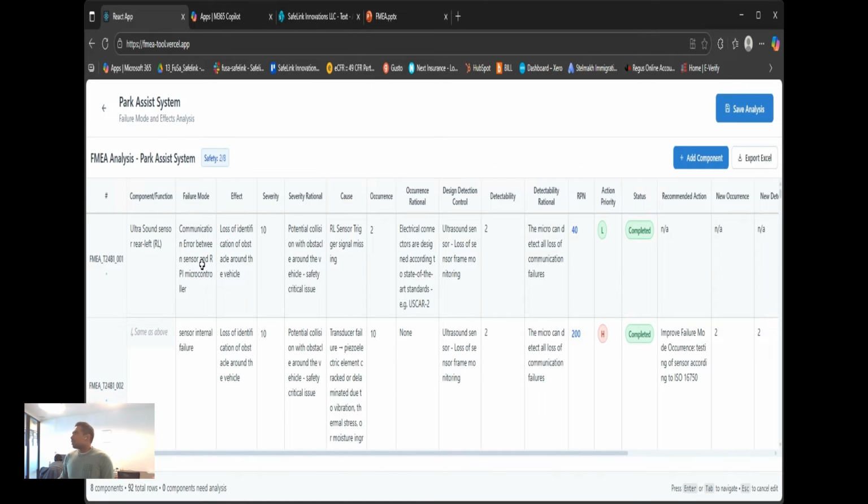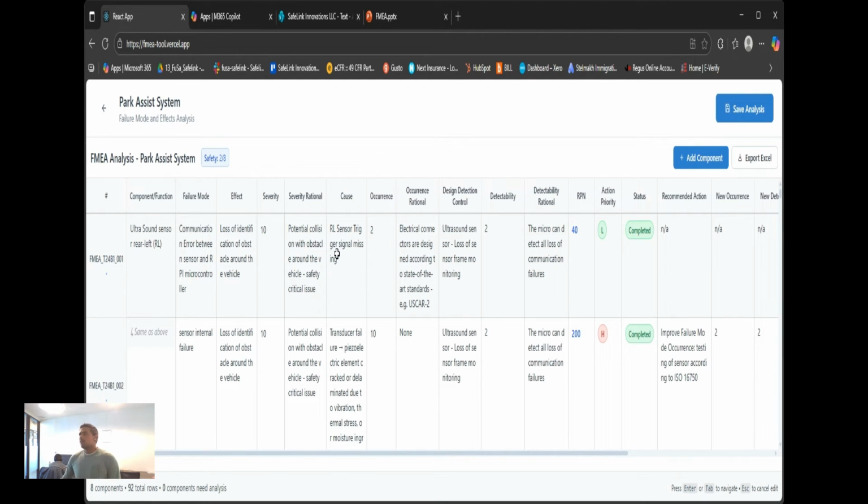Just looking at row number one, then we want to identify what is the effect. So if you have a loss of communication, it means that you can no longer detect an obstacle, which could be a bit of a problem, which is why we rated the severity as 10, because a potential collision to an obstacle is possible. Then what is the cause of the error?